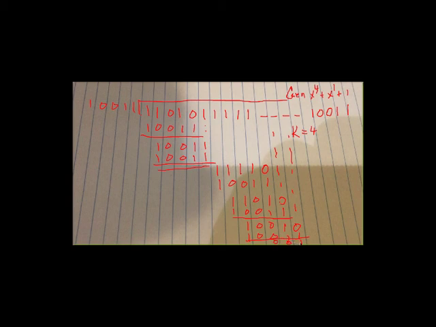So 0 0 1, right? And then we bring down the 0. So this right here, our K bits, 0 0 1 0. If we wanted to evenly divide it up there, we do 0 0 1 0, and it would evenly divide, right? And so this becomes our cyclic redundancy check.